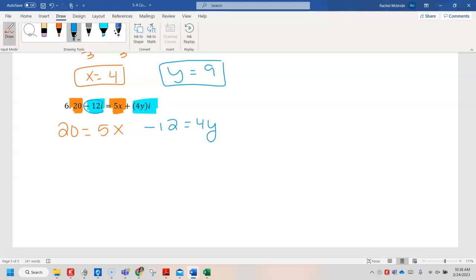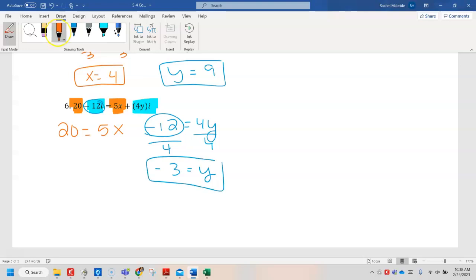The sign with the 12 comes with you into your problem. So I get x equals 4 and y equals negative 3.